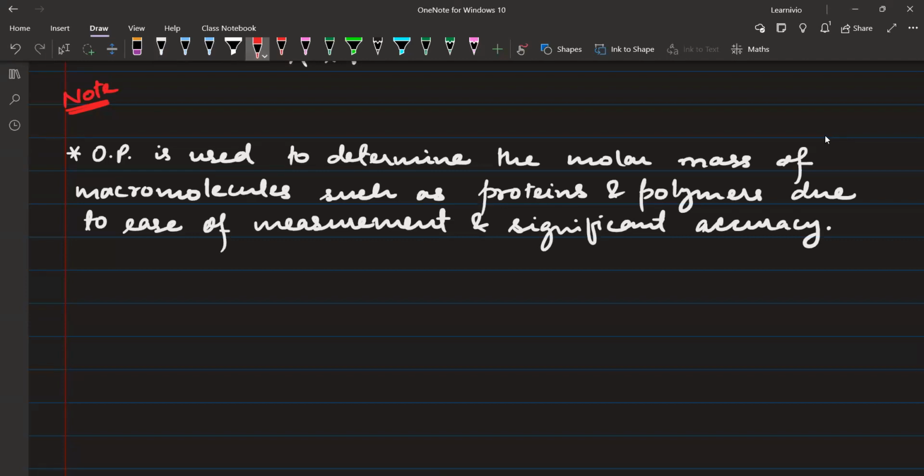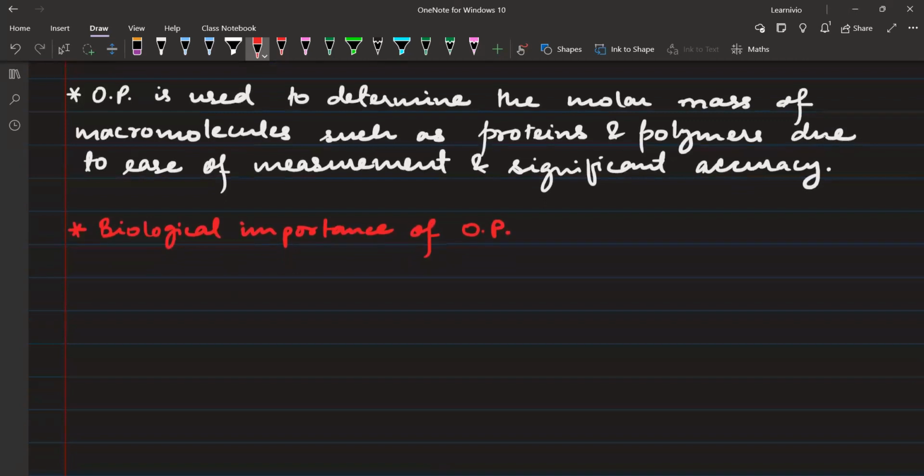Now, these are the parts from where questions generally come. We have seen the formula and numericals are given, but we need to revise these topics also. Please write the biological importance of osmotic pressure.